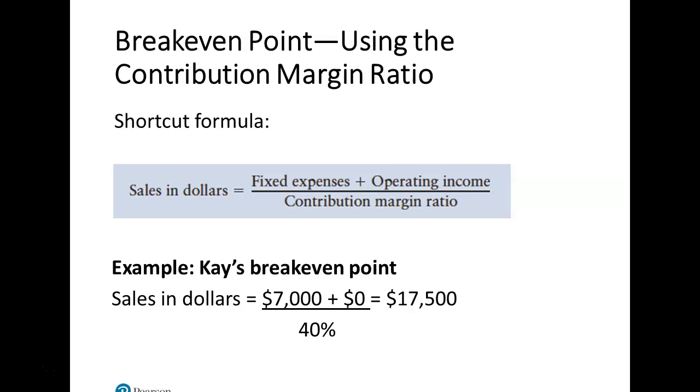And remember, we've gone over how to calculate that contribution margin ratio. It's the relationship between the sales and the contribution margin in dollars. So we take 7,000 divided by 0.40, and it gives us $17,500. If we sell $17,500 in units, we will essentially have a zero operating profit.